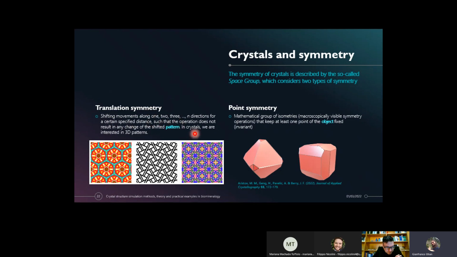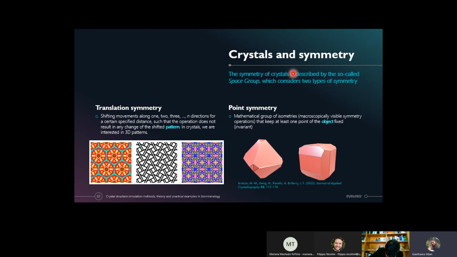Translational symmetry is related to the pattern of repetition of objects in 3-dimensional space. In crystals, we are obviously interested in 3D patterns, but here we can see an example of bidimensional patterns, different kinds of repetition patterns in the bidimensional space.